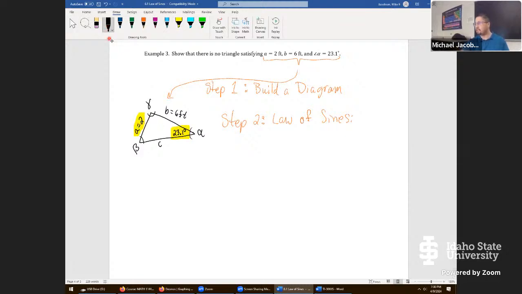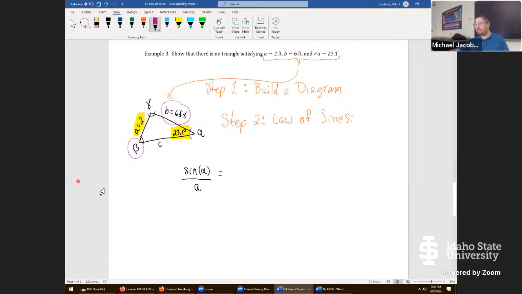Let's start by saying sine alpha divided by A equals. So we have one side of the law of sines. And now what else? First, observe, you can't do anything with gamma and C. That's two unknowns, so there's just no information to work with on that. So instead, we'll work with beta and side length B, because that's information we actually know.